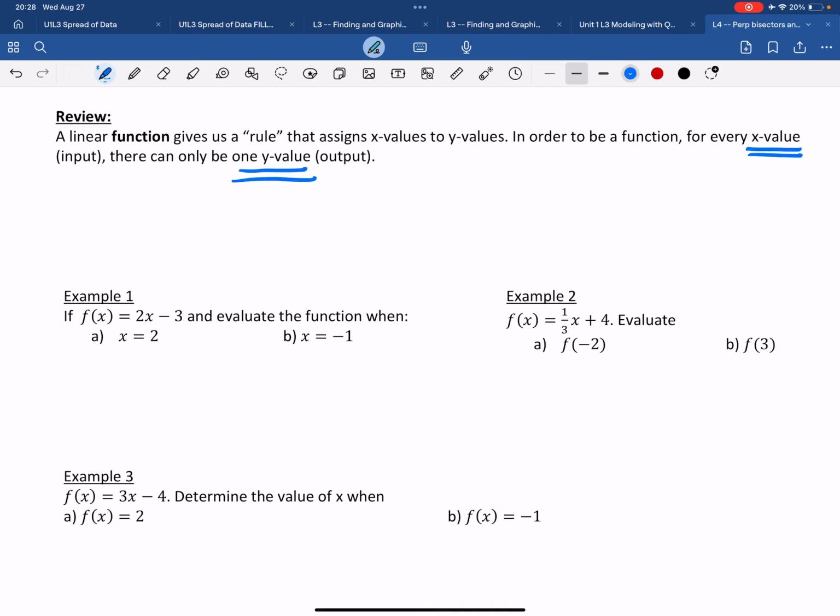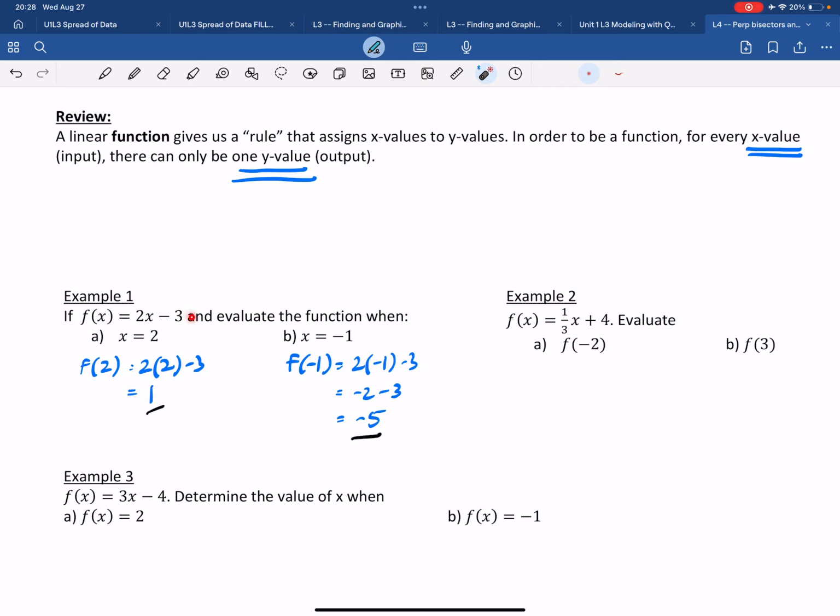Okay, and notationally, we'll just write, instead of f of x, we'll write f of 2 is equal to 2 times 2 minus 3, which is 1. Okay? If x is negative 1, in this next one, we can say that f of negative 1 is going to be 2 times negative 1 minus 3. That's negative 2 minus 3. That's negative 5, okay?